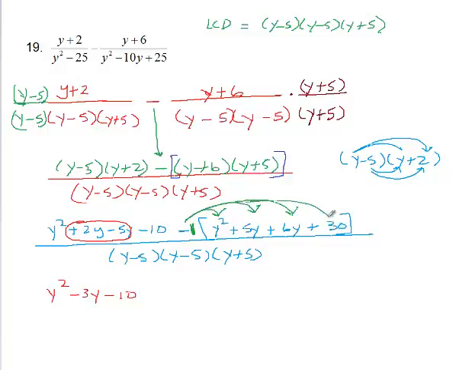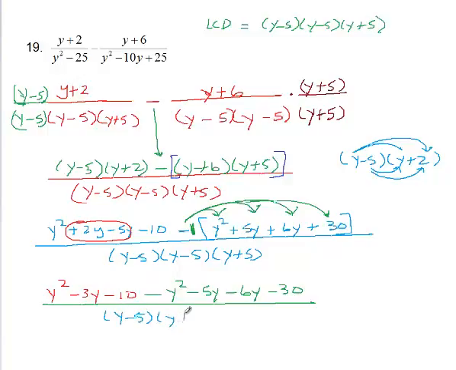So we're going to do that 4 times now. So it becomes minus y squared minus 5y minus 6y minus 30. Everything changes sign. All over again, your common denominator of y minus 5, y plus 5. It doesn't matter the order, I'll put the minus 5 here.